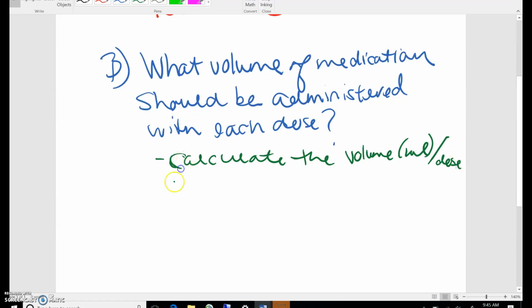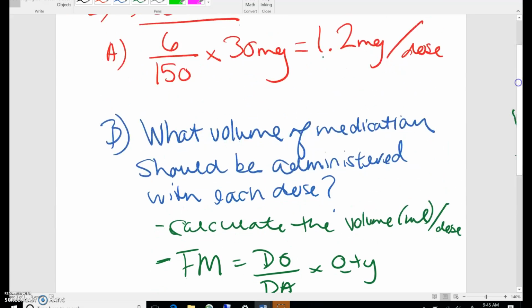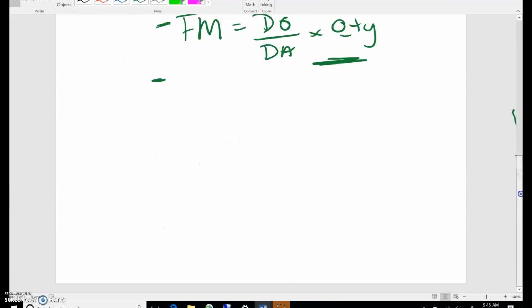In order to do that, you have to use the dosage formula, or the formula method of dose ordered over dose available times the quantity. Well, you calculated the dose ordered. Remember, your dose ordered is 1.2 milligrams.